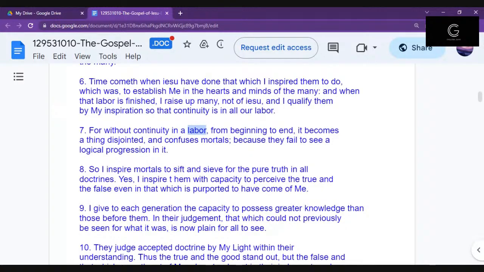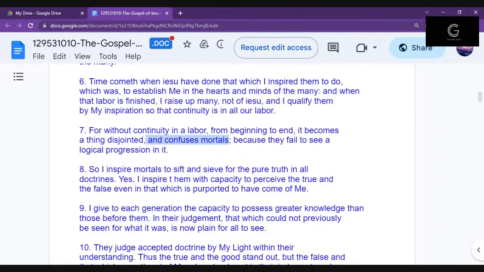What they say? For without continuity in a labor from beginning to the end, man, shout out to the 4 horsemen, it becomes a thing disjointed and confuses mortals.